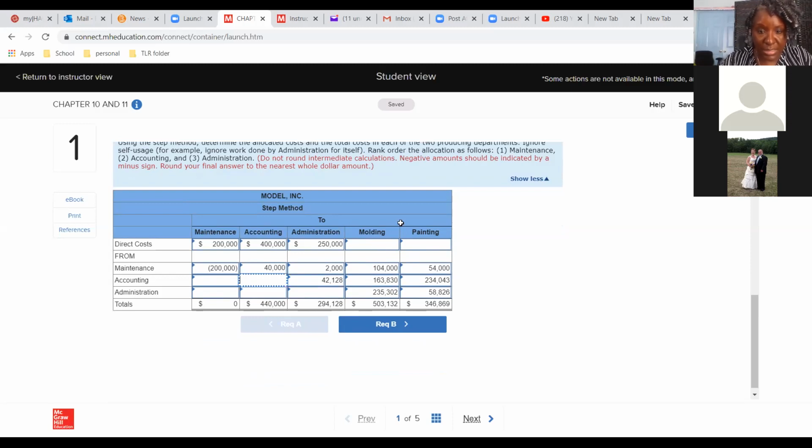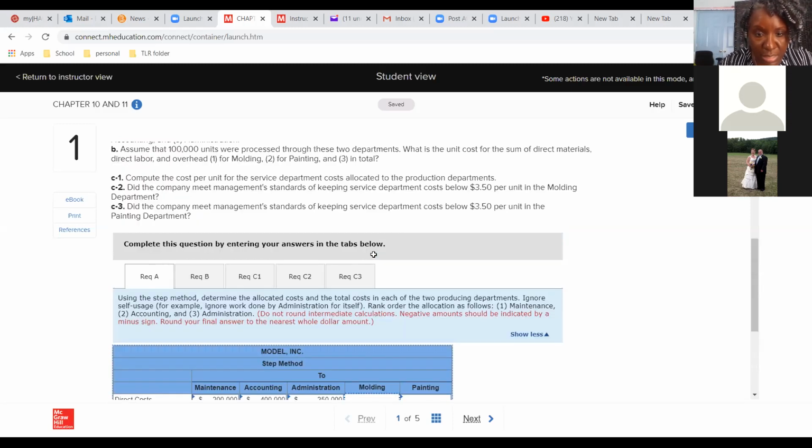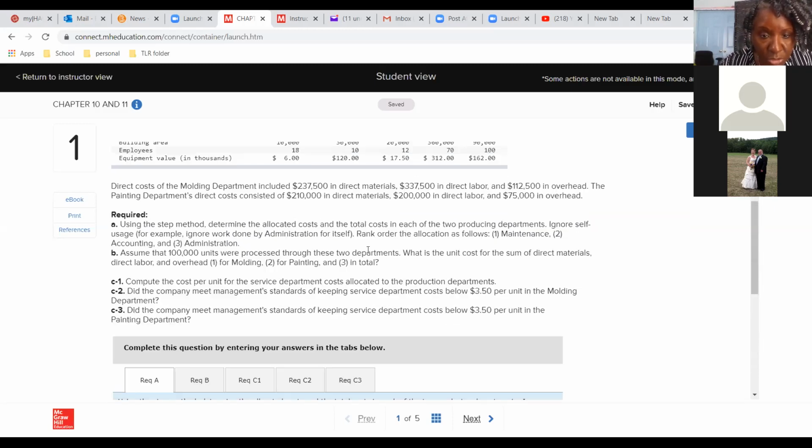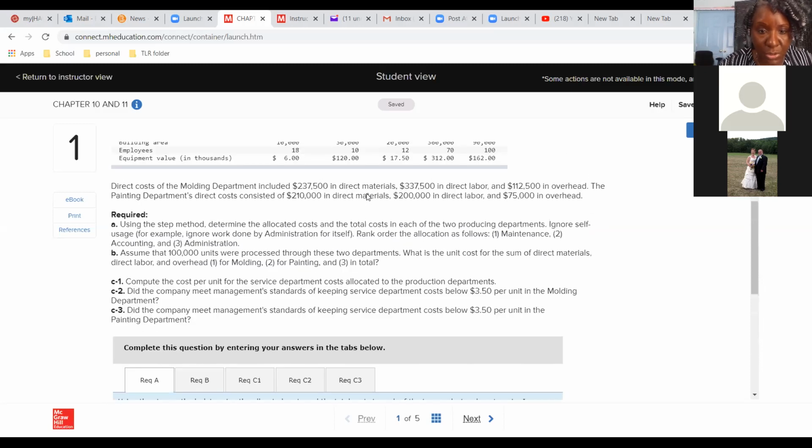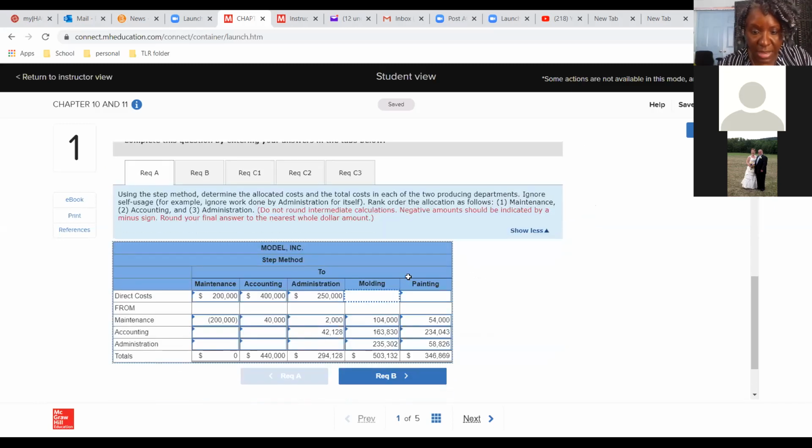If we take the molding costs, let's take these costs and add them together to finish up part B. So I take the 237,500, which is right here, and I add the 337,500, and I add the overhead of 112,500, and I get 687,500.